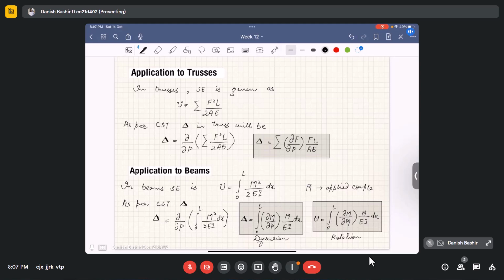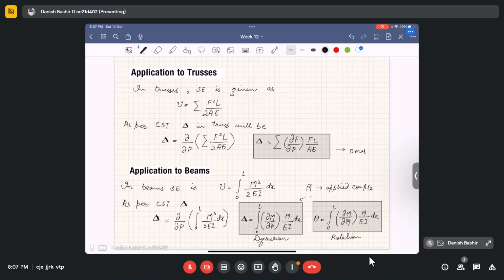Now again the same story happens here. We have to apply the same concept to frames. As I already told you, in frames the strain energy is composed of axial strain energy and bending strain energy. The same two things are here: this axial one and this bending one.